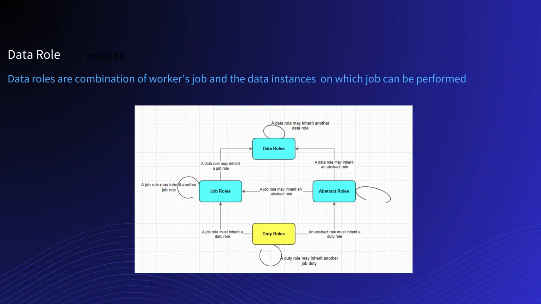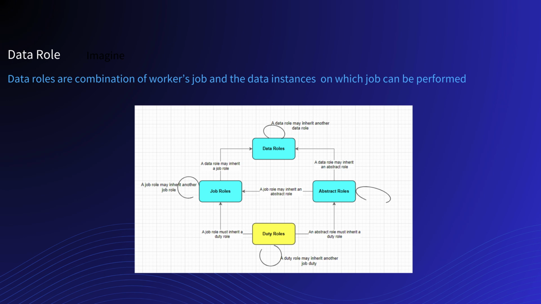Take a look at this slide, which I wanted to depict for further explanation. A job role may inherit another job role. A data role may inherit another data role. An abstract role is nothing but a line manager, an employee, or a worker, those kinds of abstract roles, but that needs to be assigned to the job role.